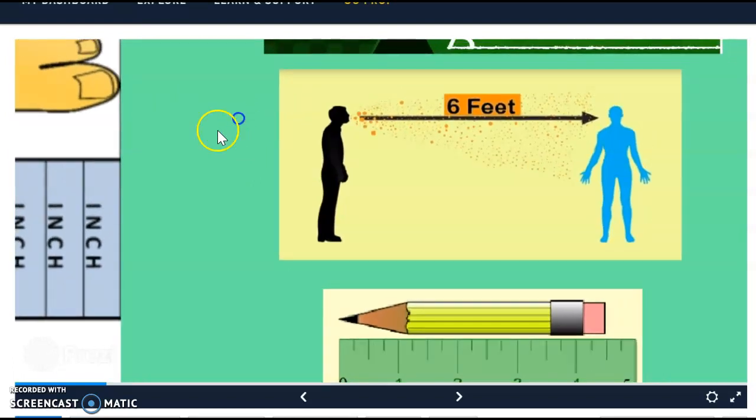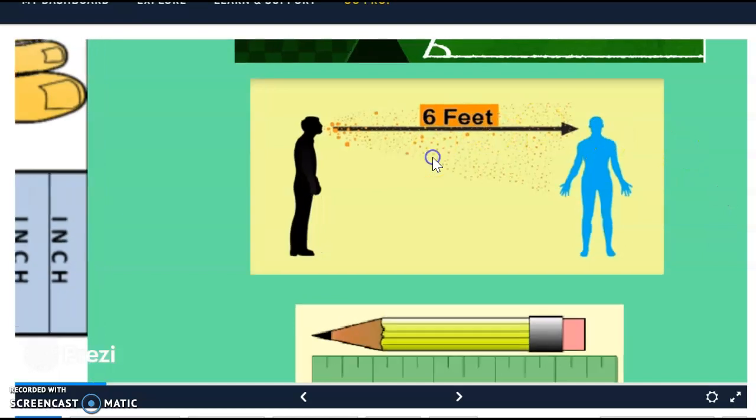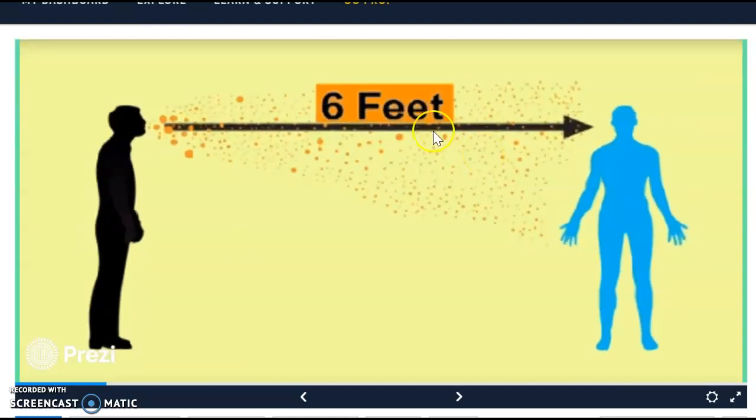If I'm measuring bigger lengths or distances, I use feet. If you ask your parents, on their driver license how tall they are is written in feet and inches. Another example is social distancing, the recommended distance from each other: 6 feet.